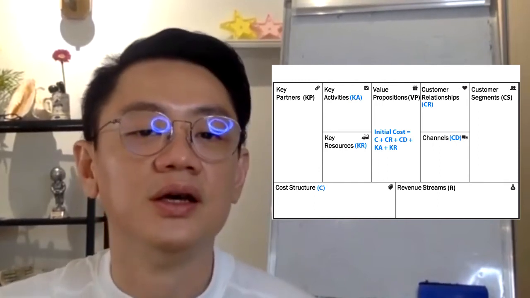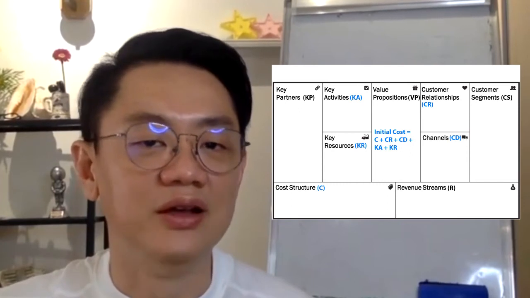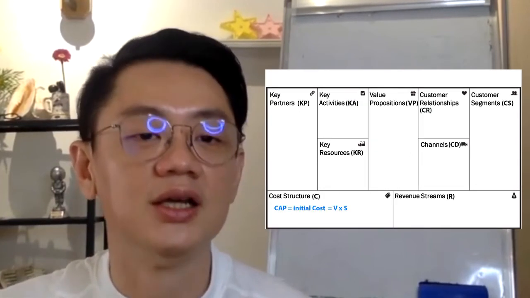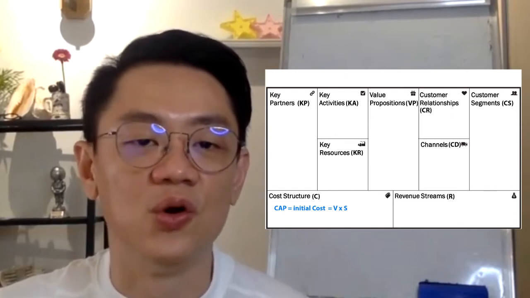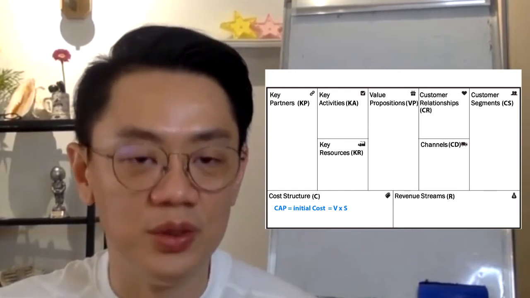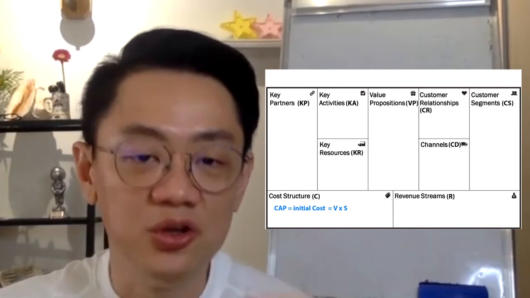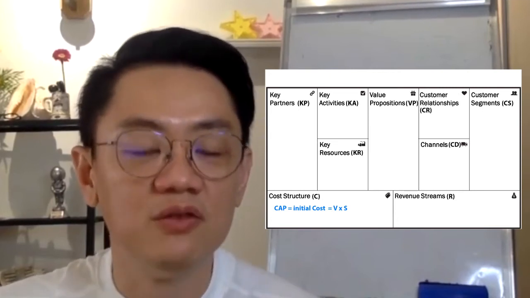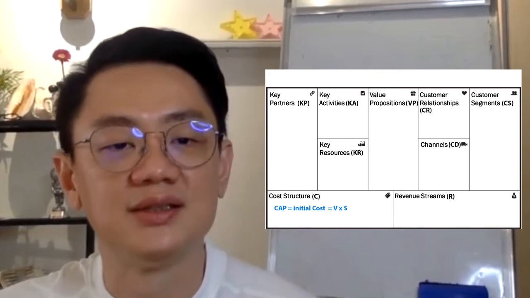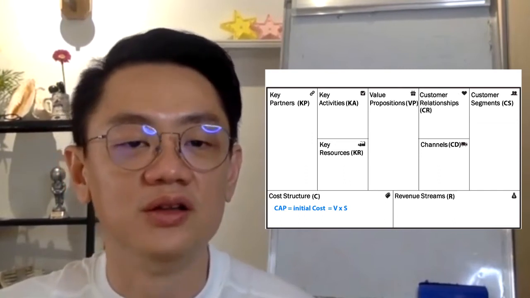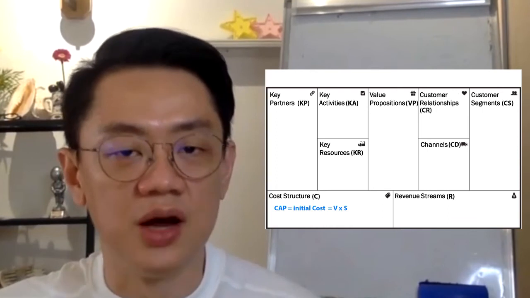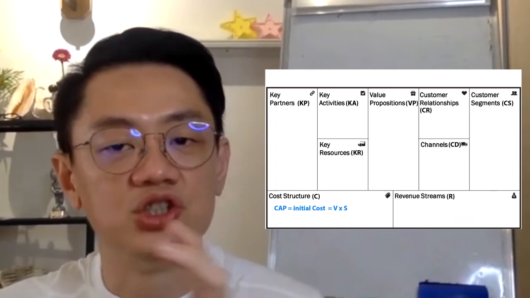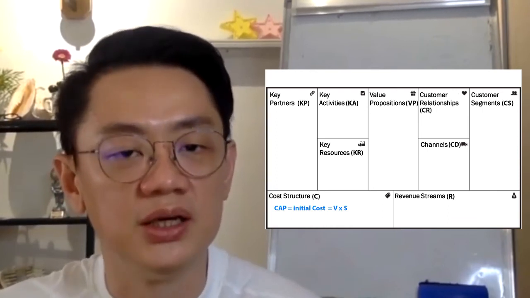Okay. So what happens if there is really a cost there? Take off with the investment you need from a smart investor. So your initial cost could be a new investment. It's new capital. It means V times S. It means that you can create value for your company and multiply it with the share of your company.